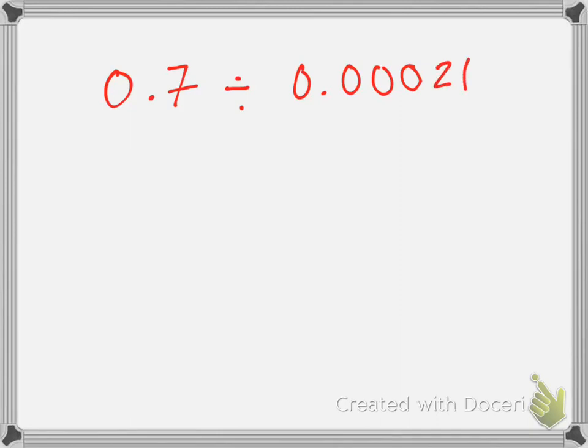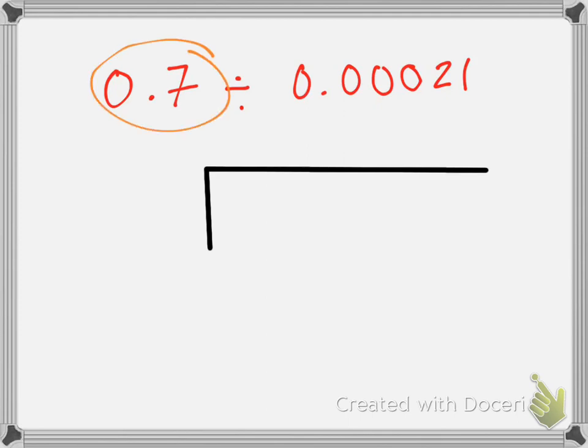Excellent. First things first, which number goes in our house? Which number is our dividend? The one in the house. So the one that goes in the house is this one. So it is 0.7.